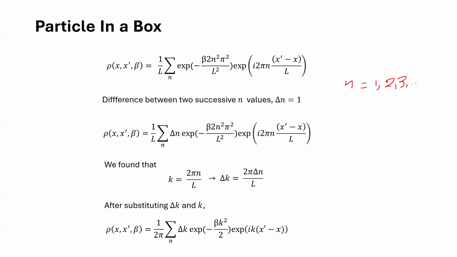These are integer values, so the smallest difference between two successive n values, delta n, is equal to 1.